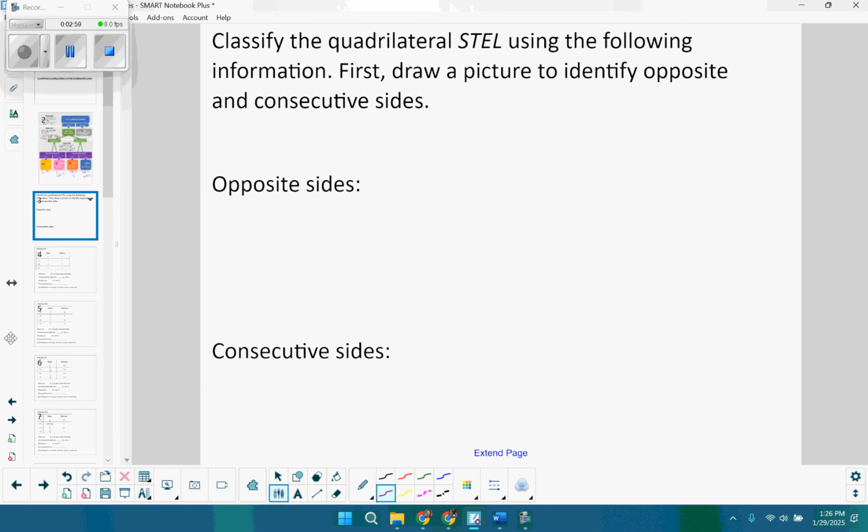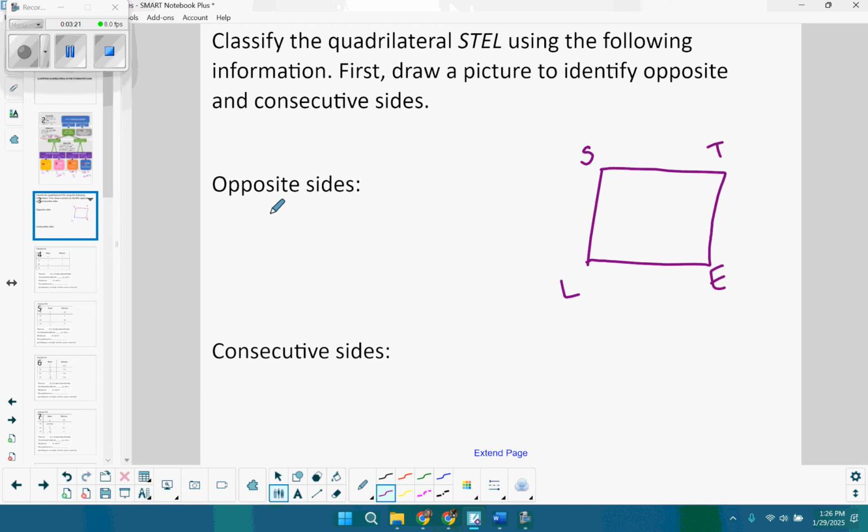So let's try some. The first thing we're going to do is they're telling us we're using quadrilateral STEL, so we're going to draw it. Right, nice four-sided figure. And when I label it, I'm going to continue going clockwise all the way around.